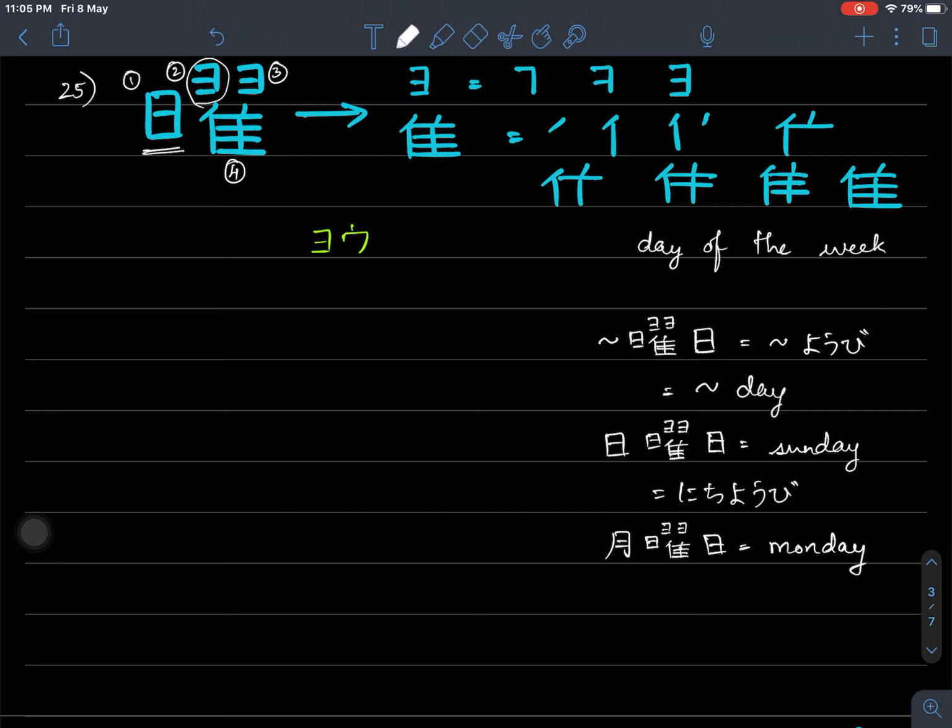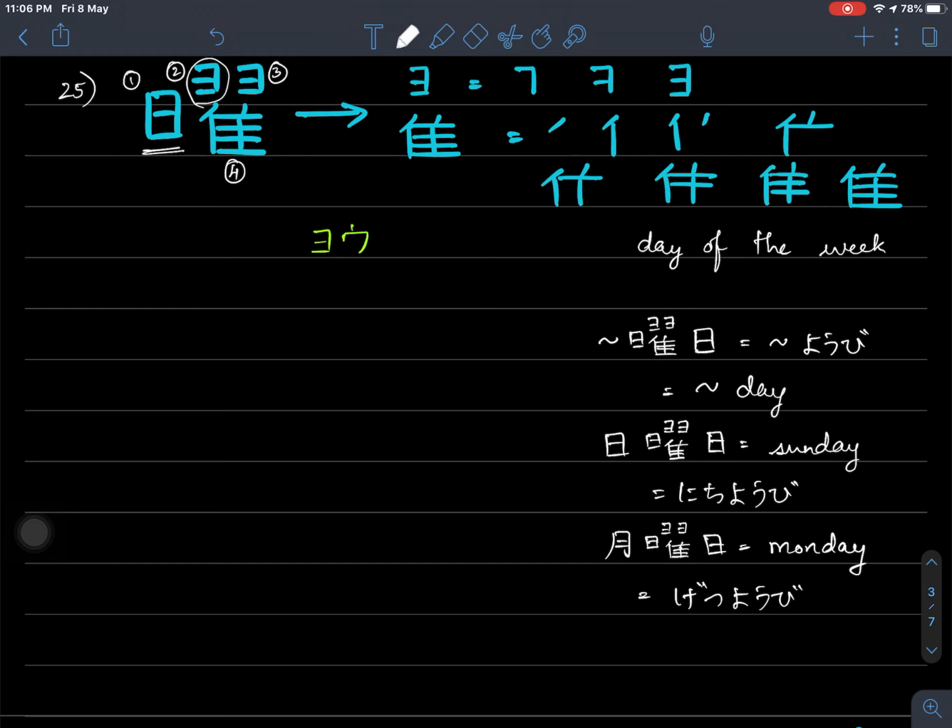So Sunday is named after the sun, Monday is named after the moon, and so on. We'll see what the other days of the week are named for. If you have any interest in astrology, you'll be able to quickly connect these because each of the days is actually connected to a particular planet in the solar system. So this is Monday. We will be reading this as Getsuyobi.